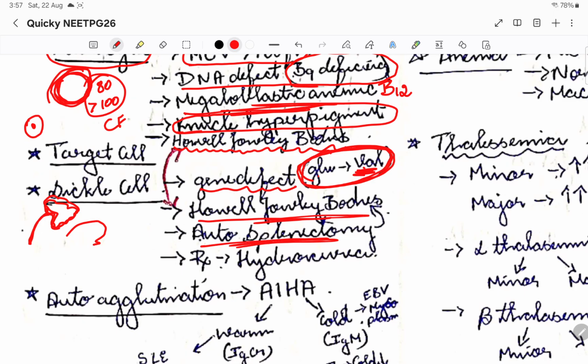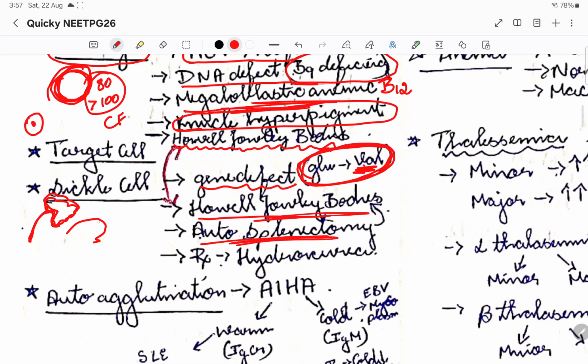That is why autosplenectomy happens, where the spleen's size is reduced because of the fibrosis from destruction of the spleen by the sickle cells. Okay. So how do you manage it? By introducing hydroxyurea. Hydroxyurea is what is used for sickle cell management.